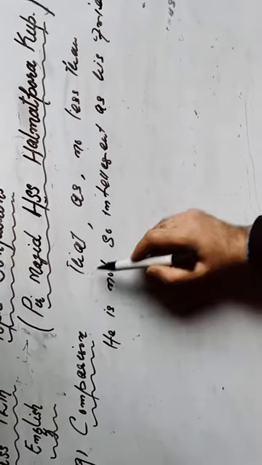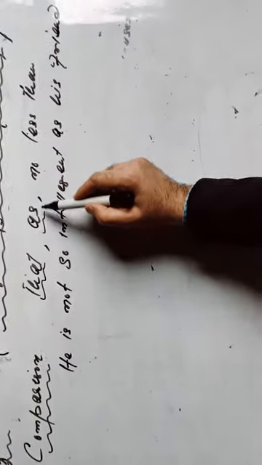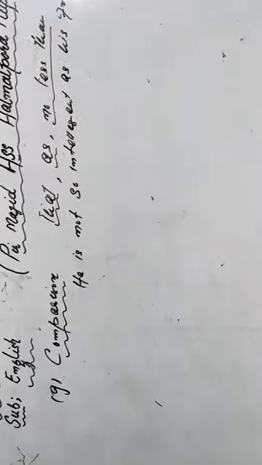So when you are supposed to use a subordinating conjunction for comparison, you are going to use that, as, no less than.